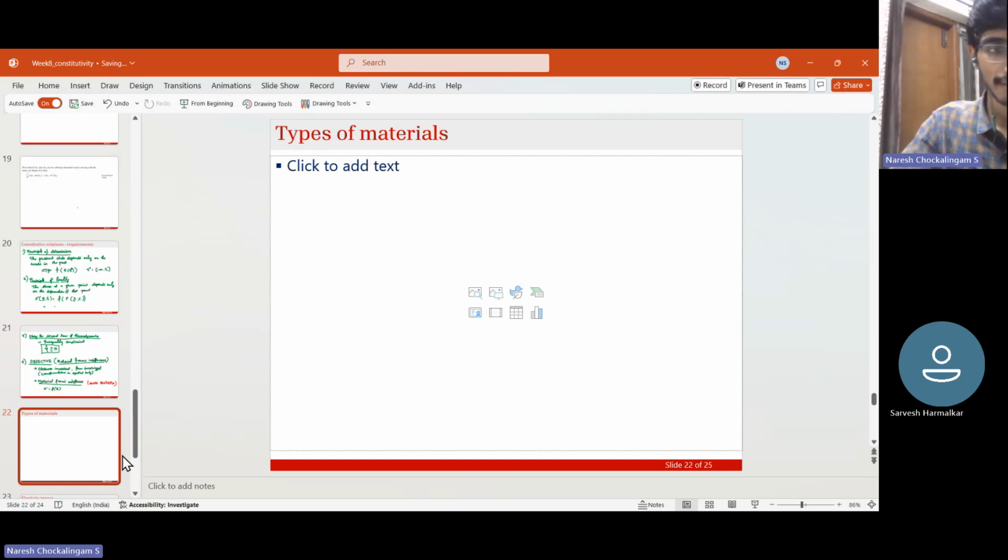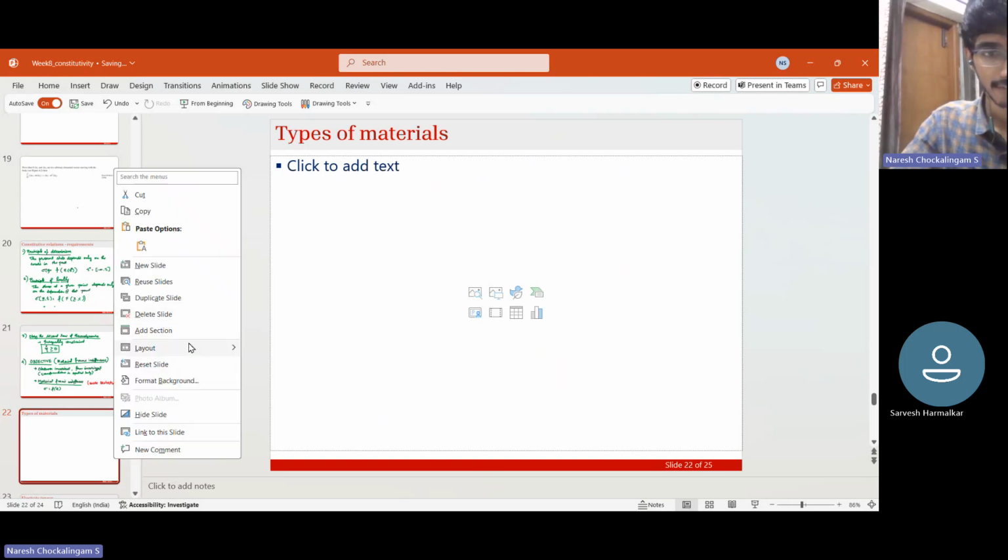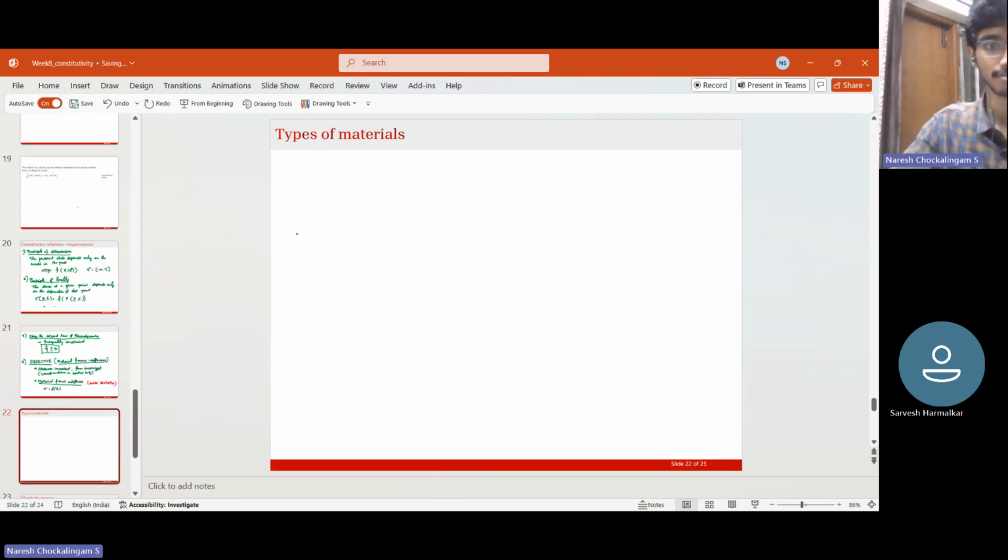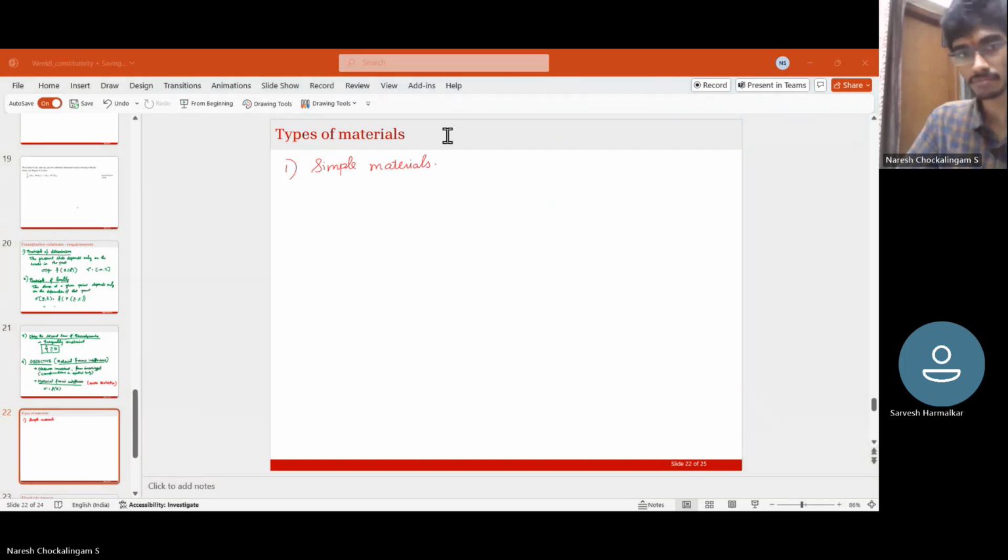So based on these, we have a variety of different types of materials. The first one is what we call simple materials.